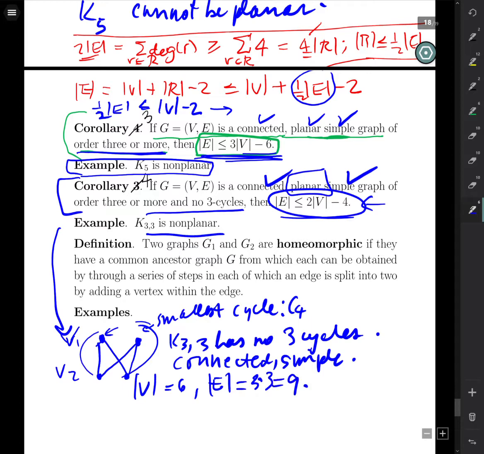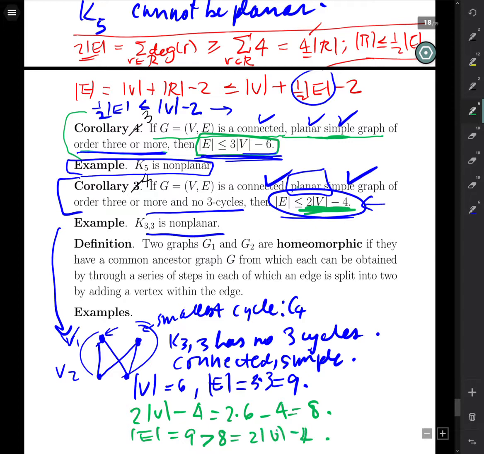And if I look at the computation that we have up here on the right-hand side, 2 times the number of vertices minus 4 is equal to 2 times 6 minus 4, which is 8. So E, the number of edges, is not less than or equal to that. In fact, the number of edges, which is 9, is greater than 8, which is 2 times the number of vertices minus 4.